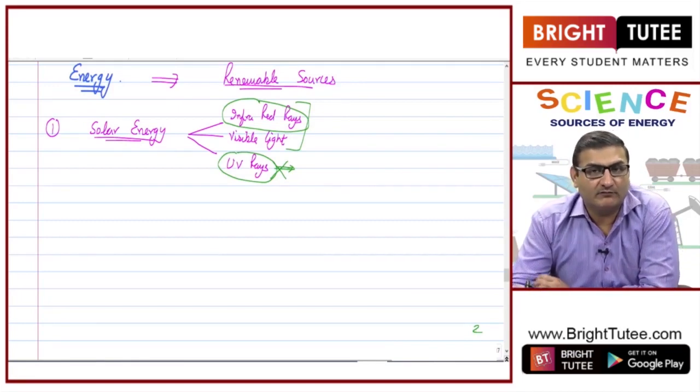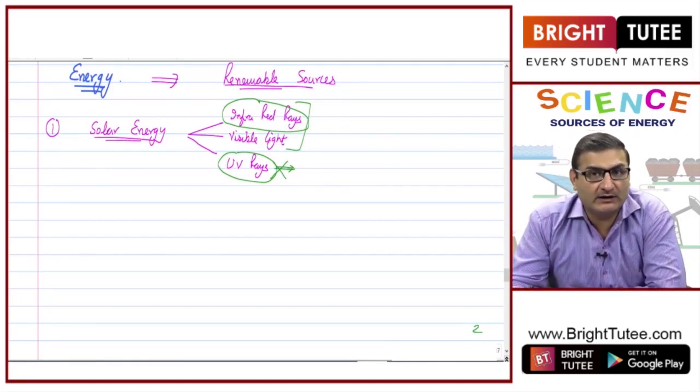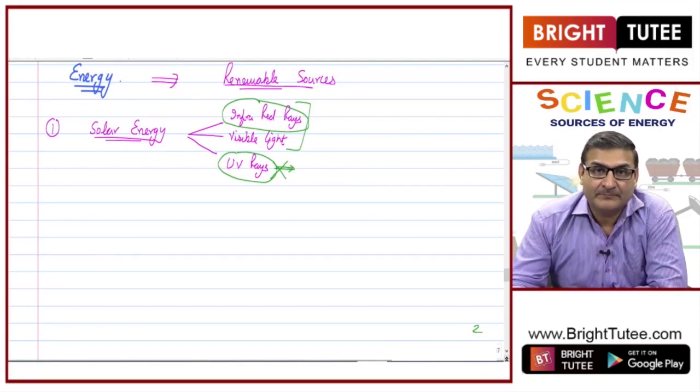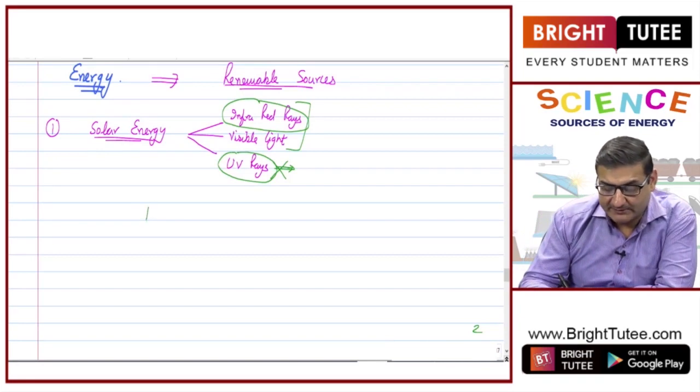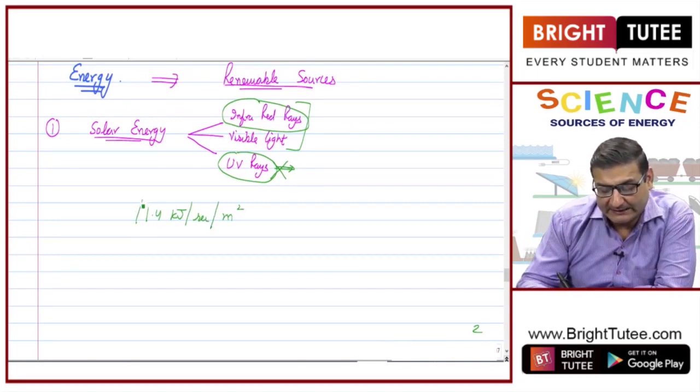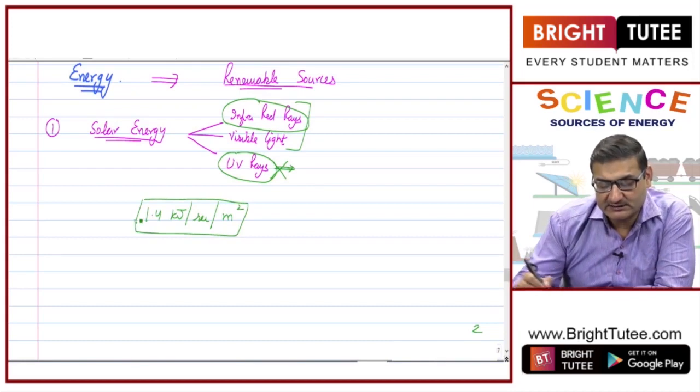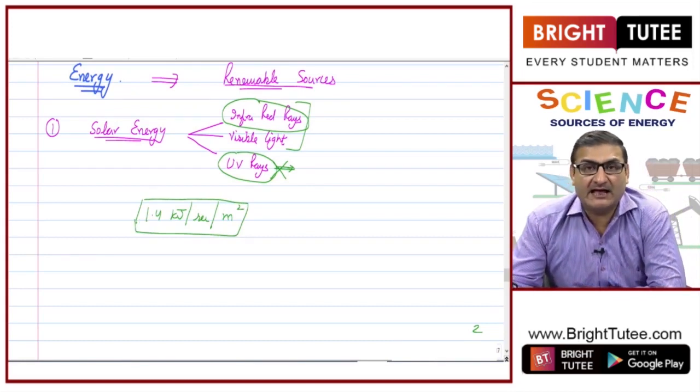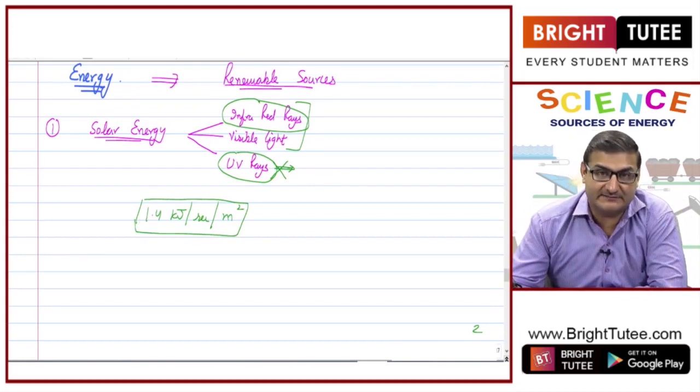that on earth we receive lot of solar energy every year. On an average basis, we receive approximately 1.4 kilojoules per second per square meter energy on our earth. This is the solar energy that on an average basis we receive, the earth receives.